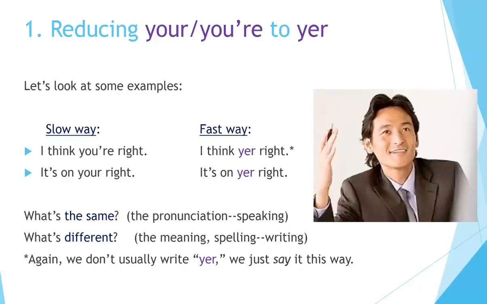What's the same? The pronunciation is the same. For speaking, it sounds almost exactly identical. What's different? The meaning. Also the spelling. The writing is different. Again, we don't usually write your. We just say it that way.